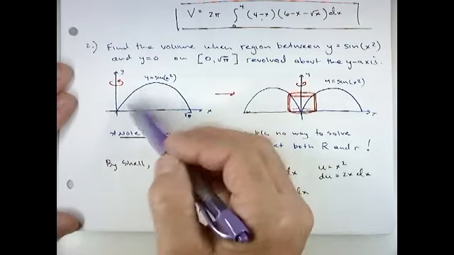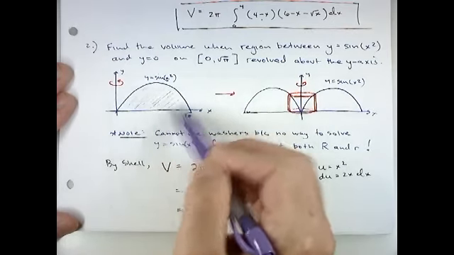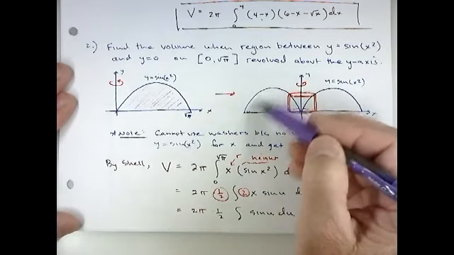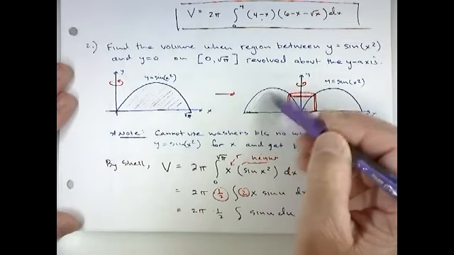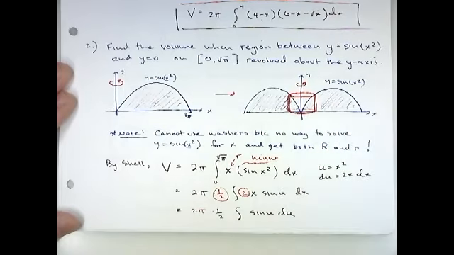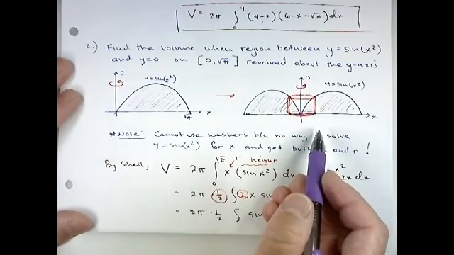So if I take this region and revolve it around the y-axis to get a 3-dimensional solid, you might be thinking, hey, okay, the shell method's neat, but I kind of like the disk and washer method.